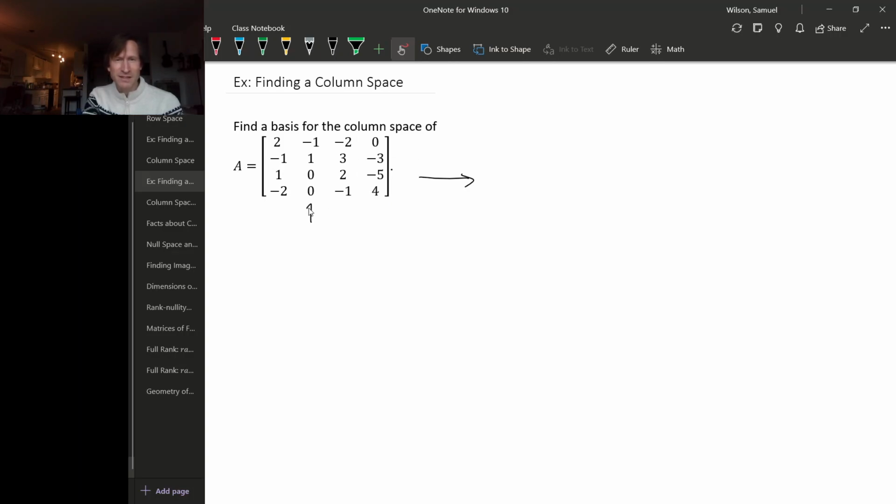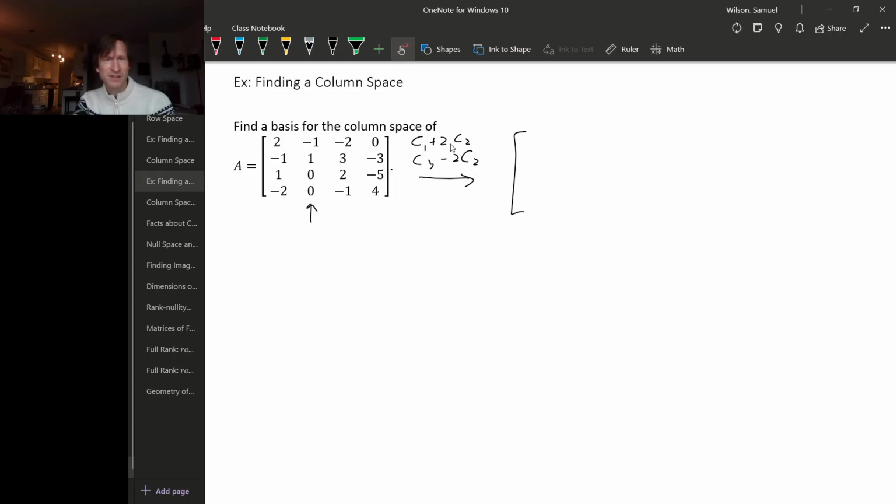I want to keep this column because it has a -1 in its first entry, which is kind of nice for doing column operations. So let's do column 1 plus twice column 2, and let's do column 3 minus twice column 2. That'll zero out some stuff. Essentially what I'm doing is I'm aiming for that same stair-step pattern because that will guarantee that the columns are linearly independent.